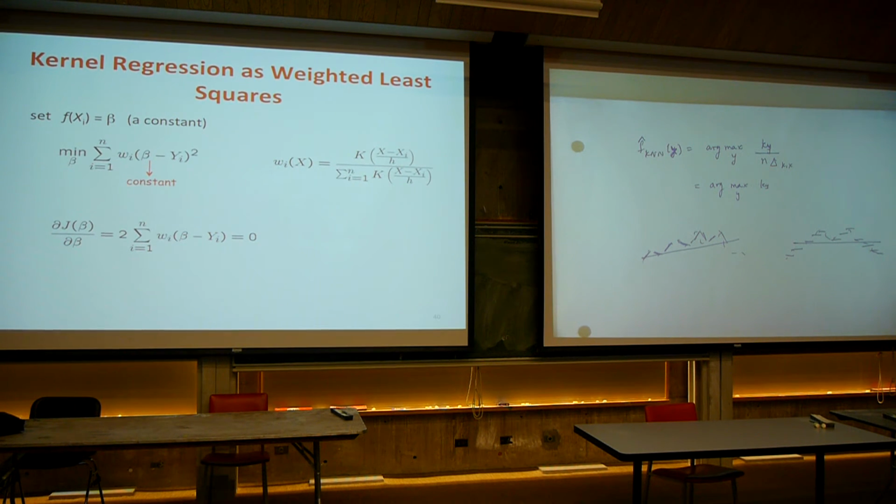And of course, knowing the fact that sum over i of wi is 1, you get your solution. Because this equation is saying I need to have sum over i of wi beta equal to sum over i of wi yi, which implies that beta is sum over i of wi yi. Really, there's nothing much to derive here. So that's your weighted least squares output when you are doing a constant fit to your data.